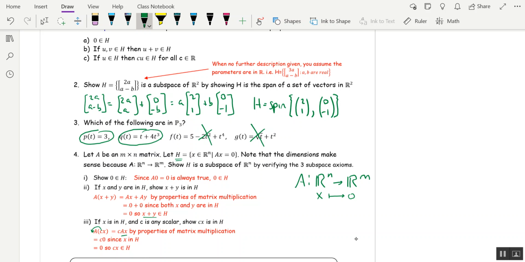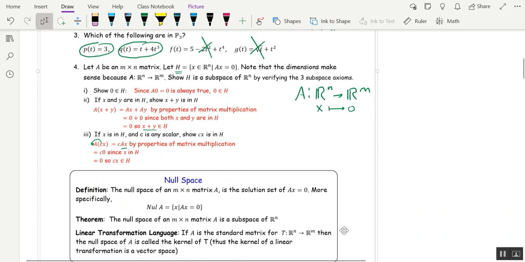All right, that space is very important, and we call it, that's this definition here, the null space. The null space of an M by N matrix is the set of solutions to Ax equals 0. So it's the set of all x such that Ax equals 0. You need to know this definition. And a theorem is that the null space is a subspace of Rn.